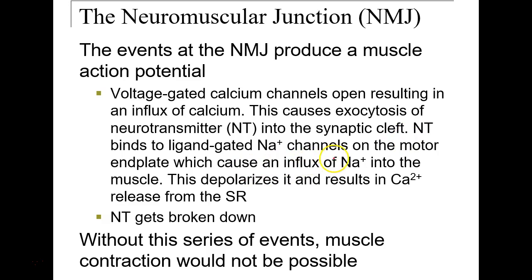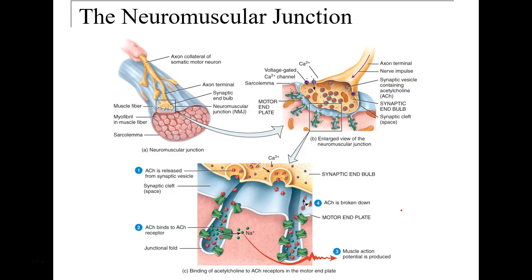Neurotransmitters bind to the muscle cell wall, opening sodium-gated channels. This will cause sodium to enter into the cell. This depolarizes the membrane, and calcium will release from the sarcoplasmic reticulum, and then we start the sliding filament mechanism. Okay, so this is showing that neuron.